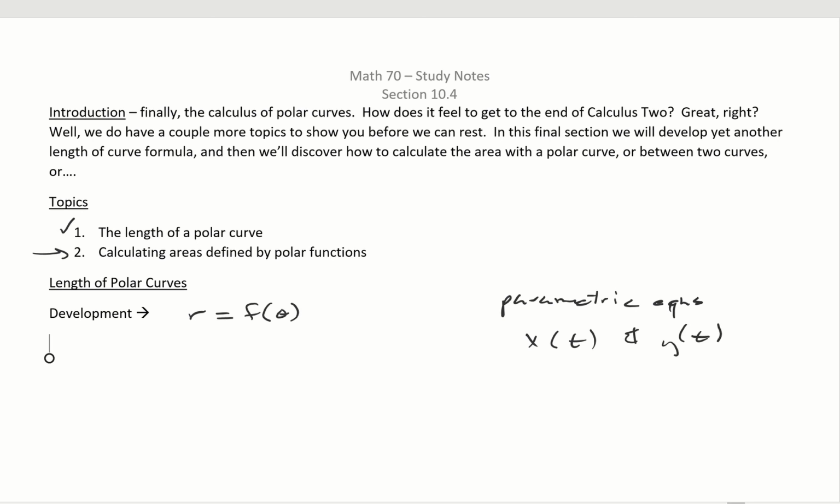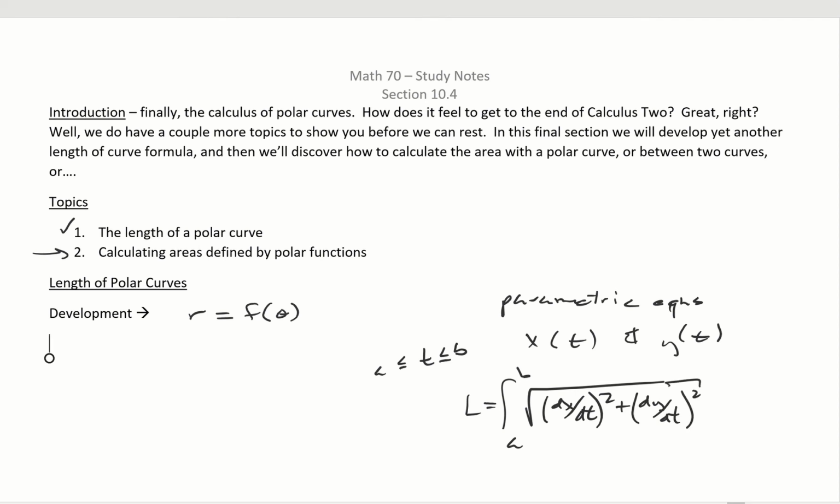And what we found there was that the length of curve was the integral from a to b, where t is the variable of integration. Again with the giant radical, right? So we have in here dx dt squared and dy dt squared as well, dt. Okay, so that's from parametric.